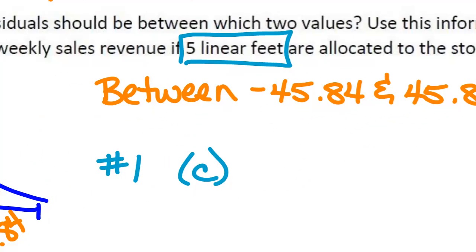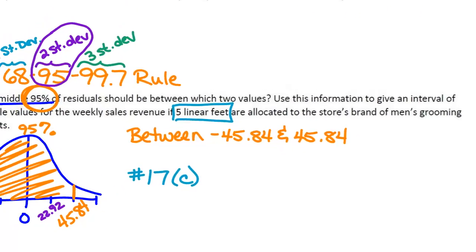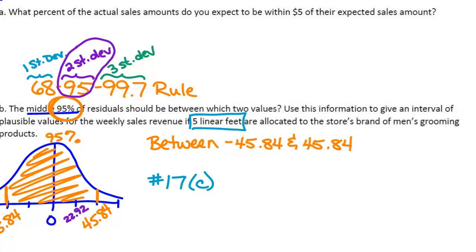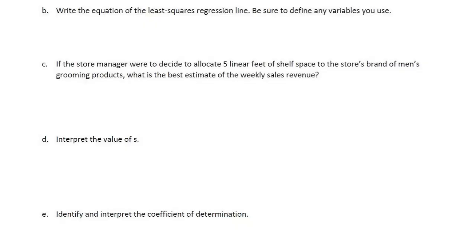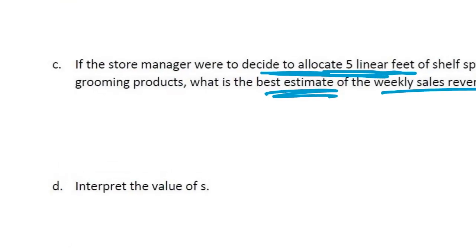Number 17, part C. Because it says that we are in the preceding exercise. So if you look back at 17C, it's right down here. If the store manager were to decide to allocate 5 linear feet of shelf space to the store's brand of men's grooming products, what is the best estimate of the weekly sales revenue?